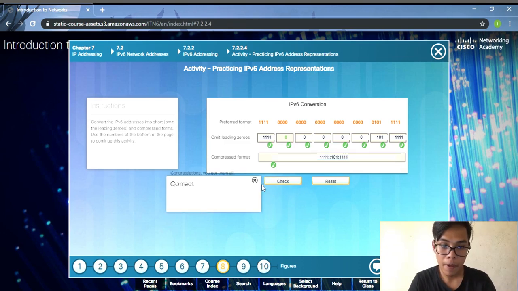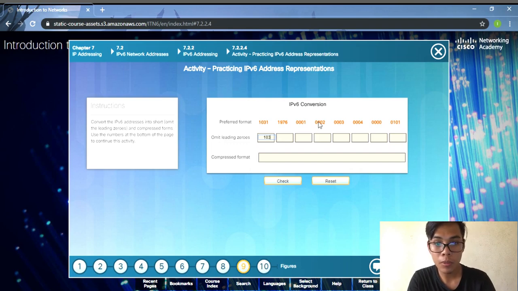Let's try figure 9, 1031, 1976. So omit the leading 0, so just 1, just 2 and 3, just 4, so just 1 here and 101.